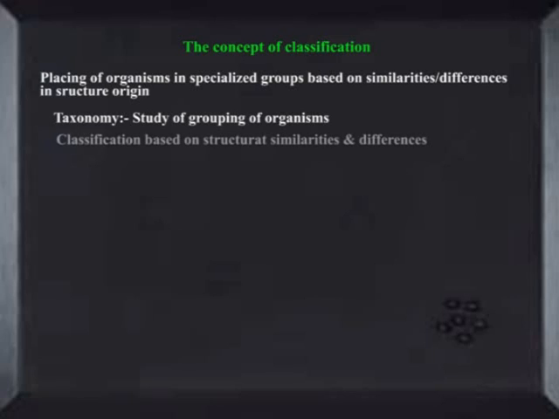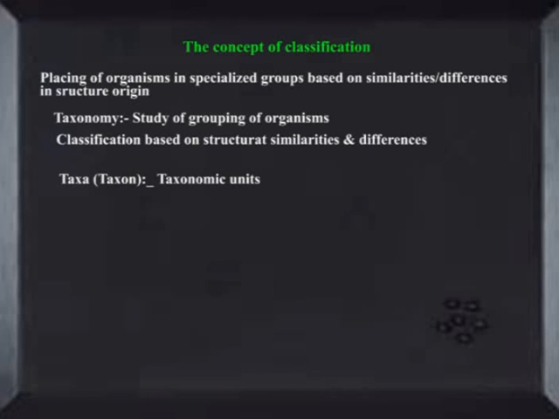Modern classification is mainly based on the structural similarities and differences. Closely related organisms which share common features and evolutionary history are often placed in the same group, while those with more distantly related features are placed in different groups. Based on these similarities and differences, organisms are grouped in 7 major taxonomic units that we call taxa.